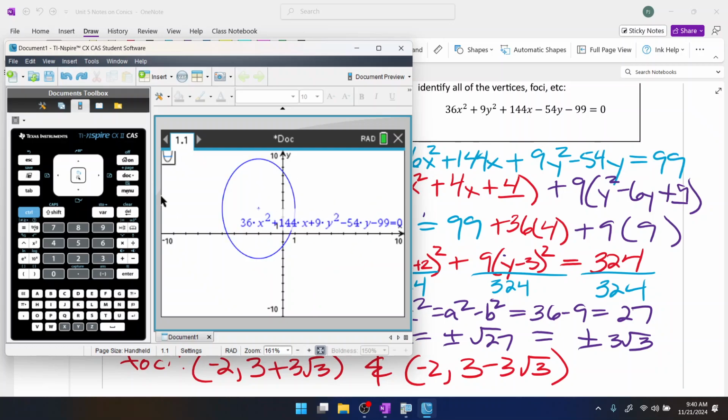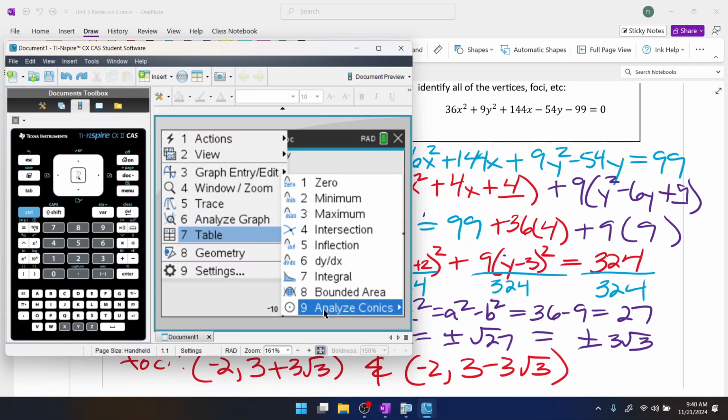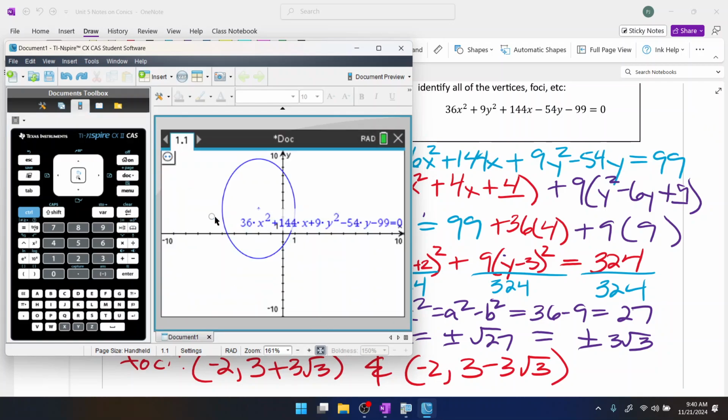I just graphed it as a standard relation. If I analyze the graph conics, the coordinates of my foci are -2, 3 root 3 plus 3, and -2, 3 minus 3 root 3. So, yeah, that's what we're going to get here.